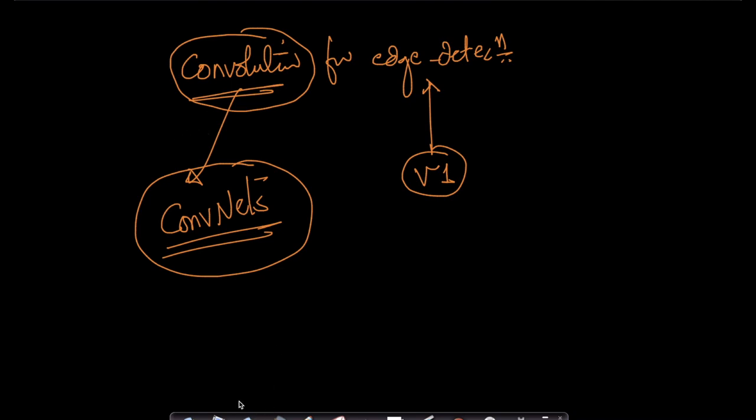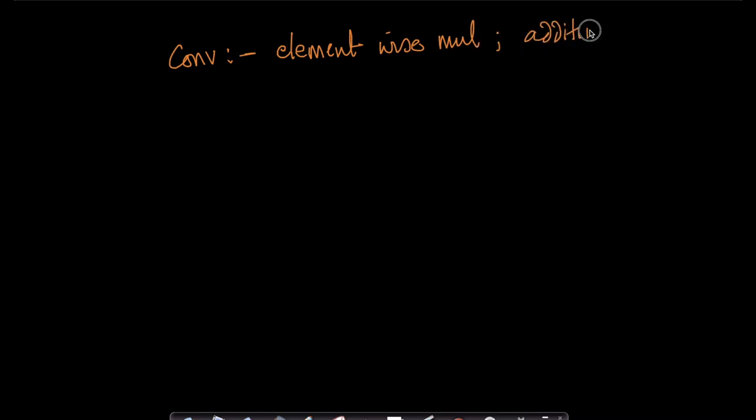But remember, there is a nice analogy between convolution and vector multiplication, right? So what is convolution literally? In a nutshell, if you're given two matrices, you're doing element-wise multiplication followed by addition, on matrices.